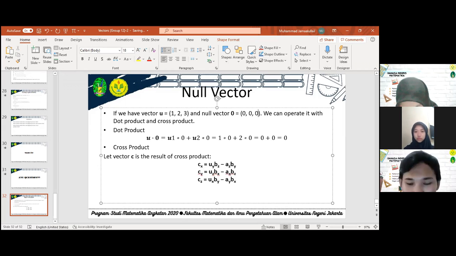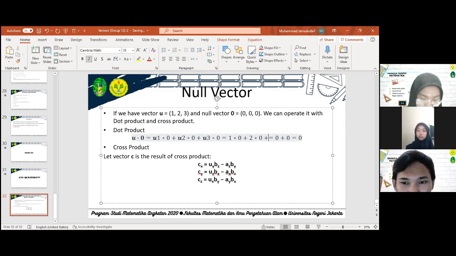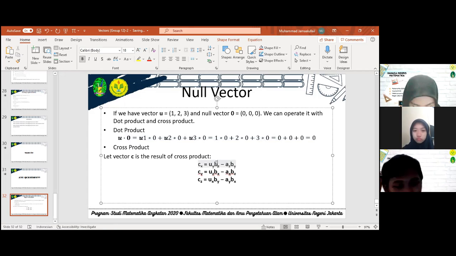The dot product still has the same result. This is added to u3 times 0, and the result is still the same. It has scalar 0. For the cross product, vector C is the result of the cross product.